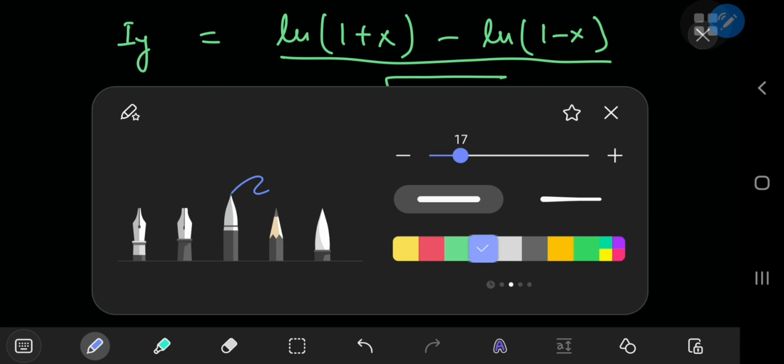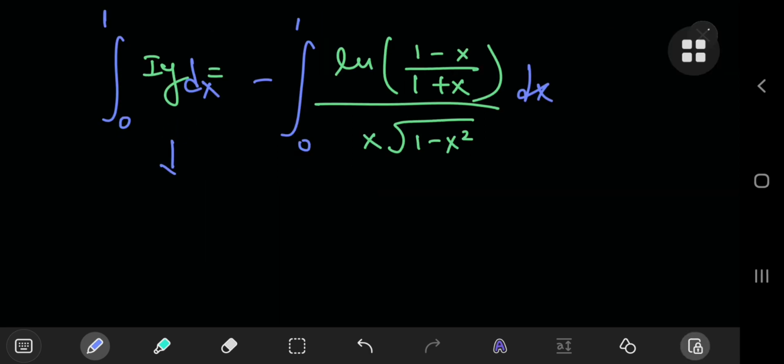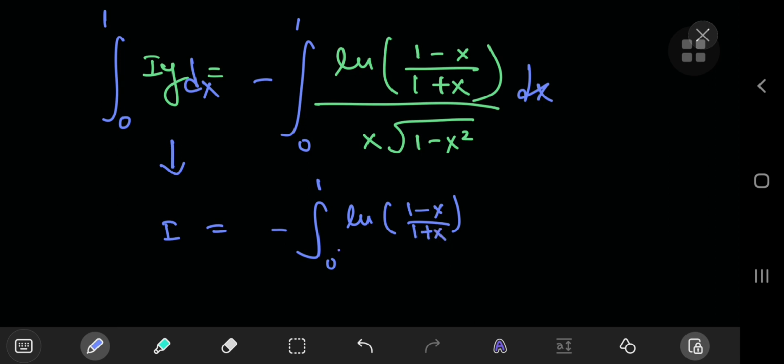And now, remembering that we had to integrate this with respect to x, with limits being 0 and 1, on the left side, all you have is the integral I, our original double integral. And on the right side, you have the negative of the integral from 0 to 1 of the natural log of 1 minus x divided by 1 plus x, divided by x times the square root of 1 minus x squared, integration with respect to x, of course.